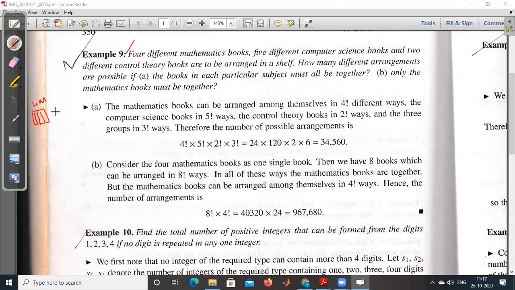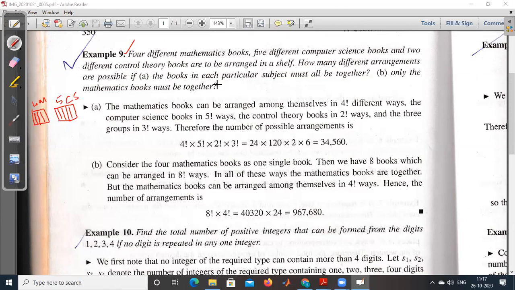5 different computer science books: one, two, three, 4, and 5. These are 5 computer science books.